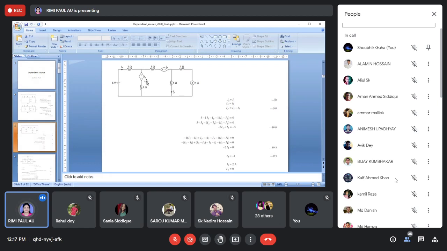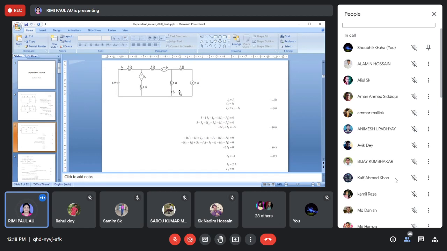So it is a current dependent voltage source. This also depends on this branch current, so this is also a current dependent voltage source. And here two sources are present: one is an independent voltage source, another is a current source. Now the question is to find the values of Ix and Iy.